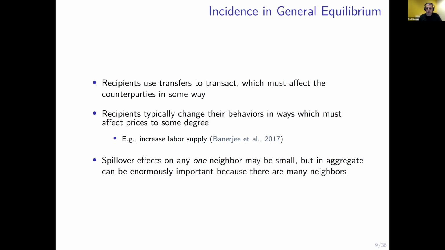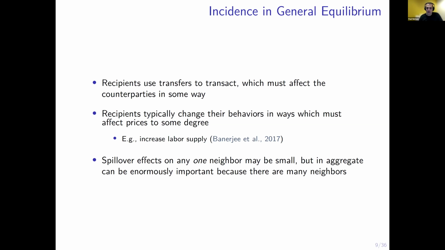If someone gives you food, you might just consume the food without transacting. You might go out and resell it in the secondary market, but you might just consume it. With cash transfers, it's almost definitional that you're going to go out and buy something, or maybe put the money into a financial savings account. That's pretty uncommon, but there has to be some effect on the counterparty to that transaction, at a minimum.